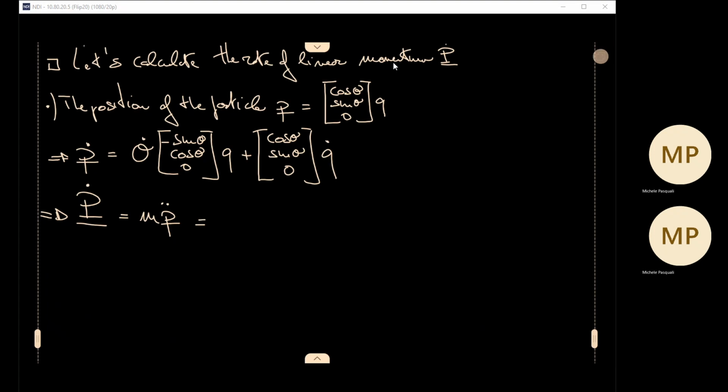Now you can just derive it another time with respect to time. So if you trust me, this writes as such. You can verify the calculation at home. I invite you to do so.